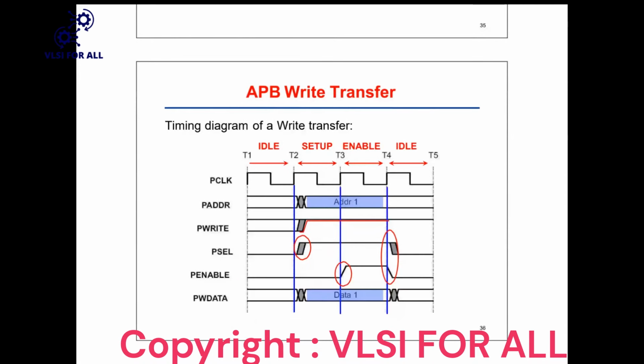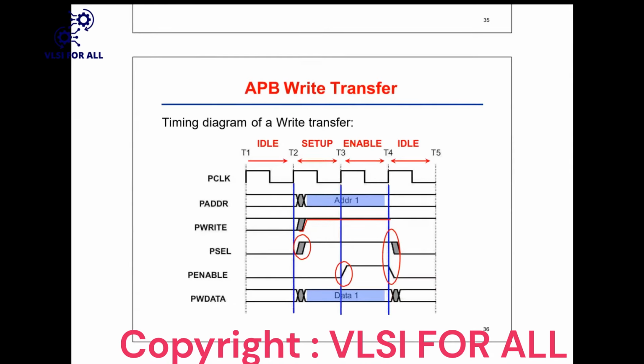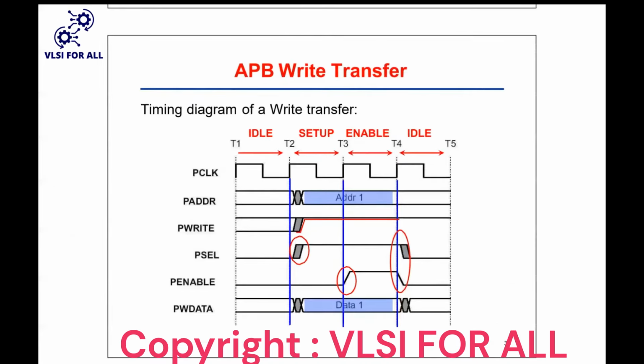Okay, so can we see the write transfer? Yes, sir. So see here: idle, setup and enable. Maybe after looking at this diagram, some doubts will get cleared more efficiently. Here the clock will be there, at T1, T2, T3, and with reference to the clock, every operation is happening.